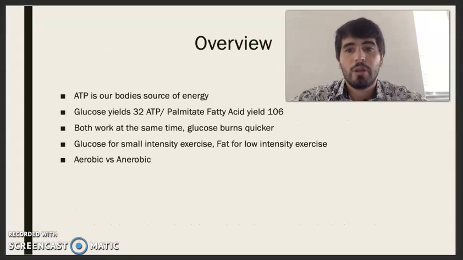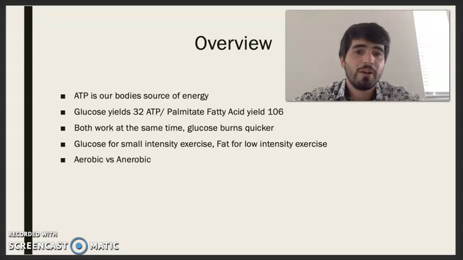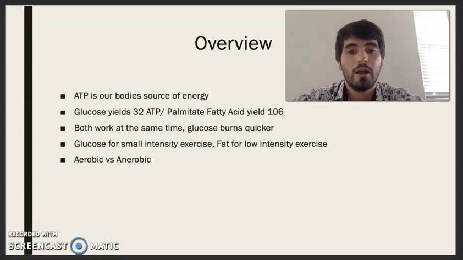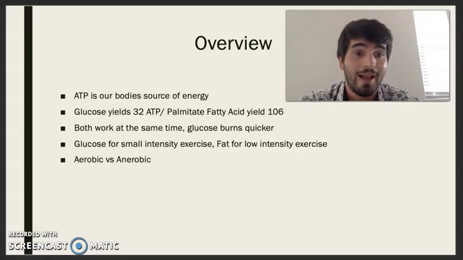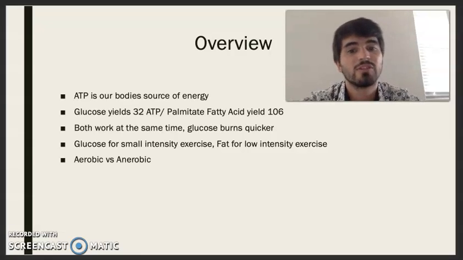Quick overview: ATP is our body's source of energy. Glucose yields about 32 ATP, palmitate 106, as we've seen through the math. Both work at the same time. That is very important to understand. Glucose just burns way quicker, and then our body goes into relying on fat storage. Glucose is awesome for small, quick, high intensity activities, 1 to 3 minutes long.